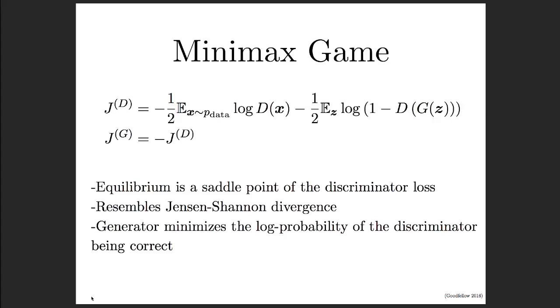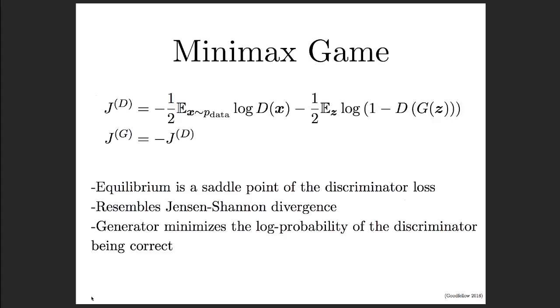So what exactly is this value that the two players are fighting over? It's simply the cross entropy between the discriminator's predictions and the correct labels in the binary classification task of discriminating real data from fake data. So we have one term where we're feeding data and where the discriminator is trying to maximize the log probability of assigning 1 to the data.